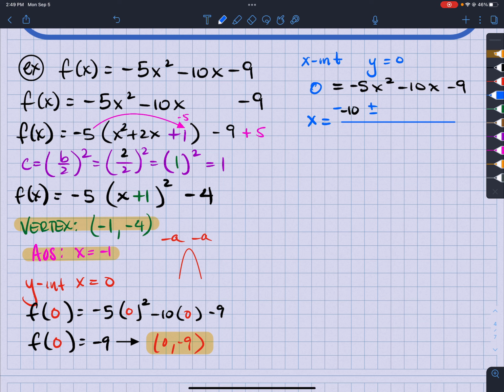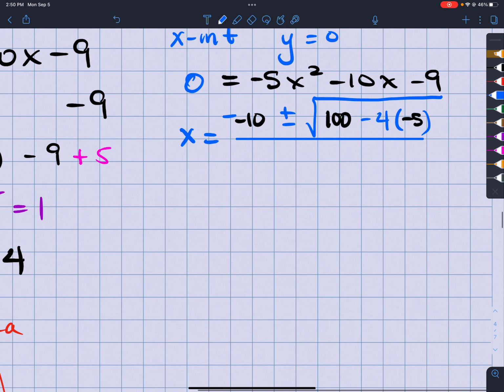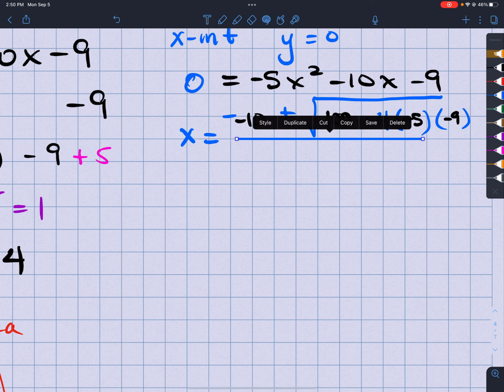Plus or minus the square root of b squared, which is 100, minus 4 times a times c, all over 2 times a.